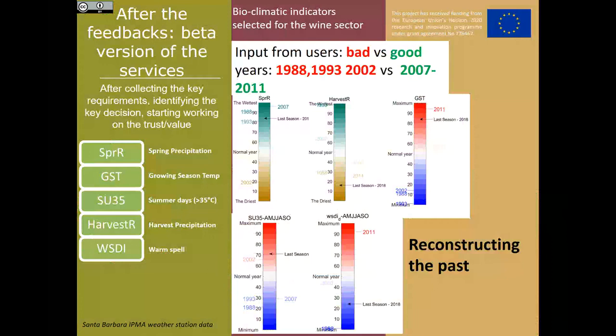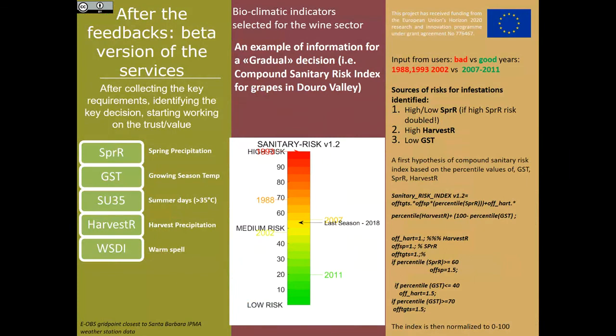But in general, it's hard to say if a specific year was bad or good starting from only one single bioclimatic indicator, because, if we correctly understand, the goodness or badness of a year depends critically on the concomitance of several factors that could affect the season.